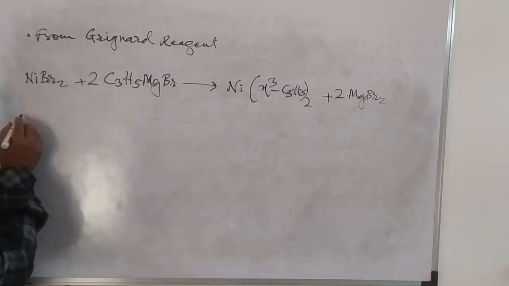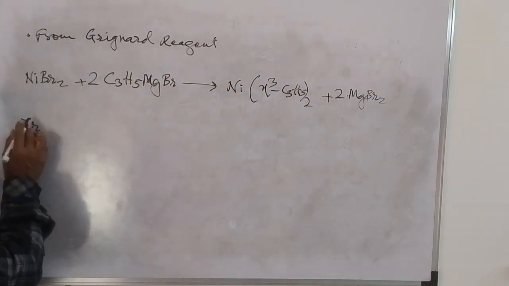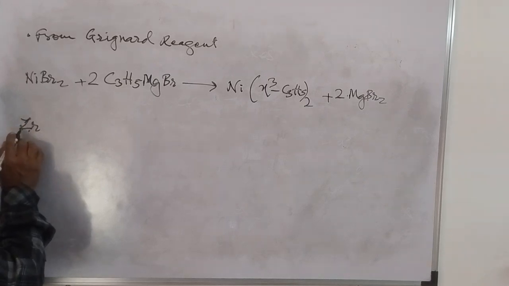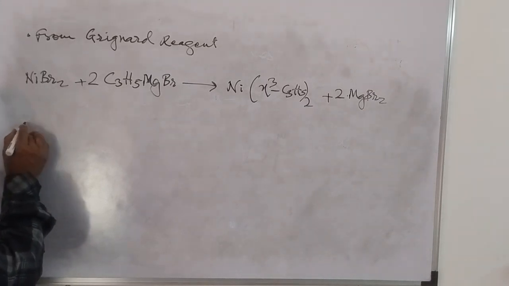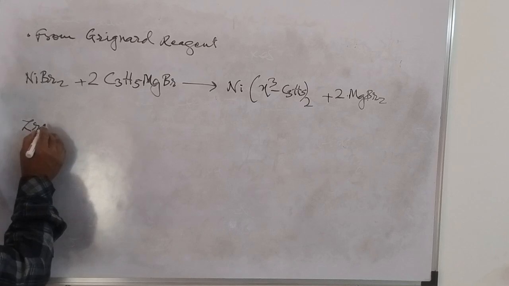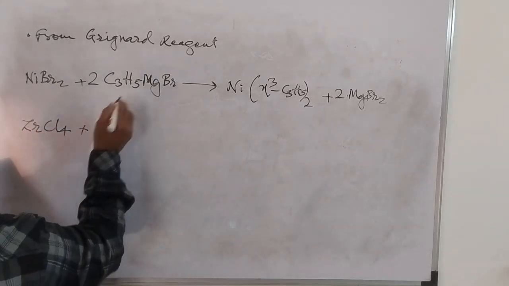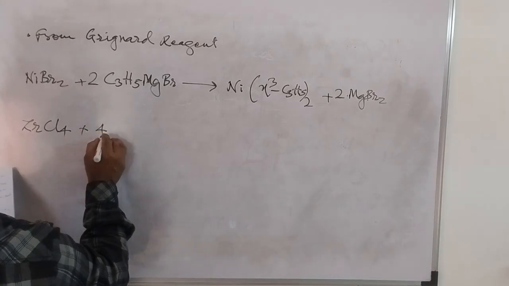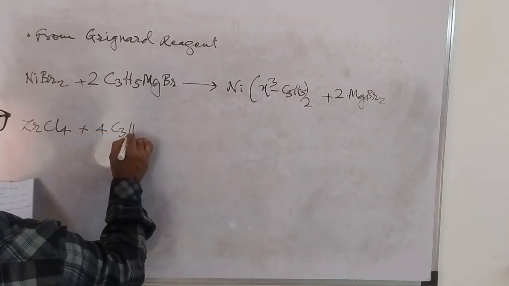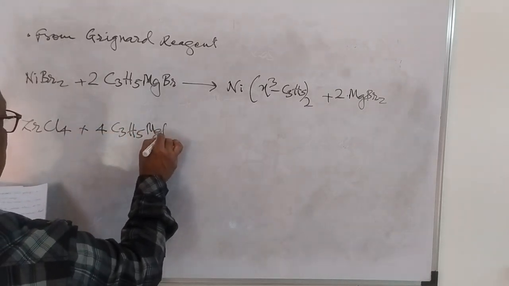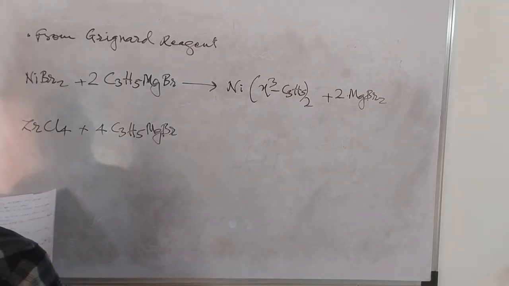Then another example is using zirconyl chloride, ZrCl4. It is also reacted in the same way with 4 C3H5MgBr.